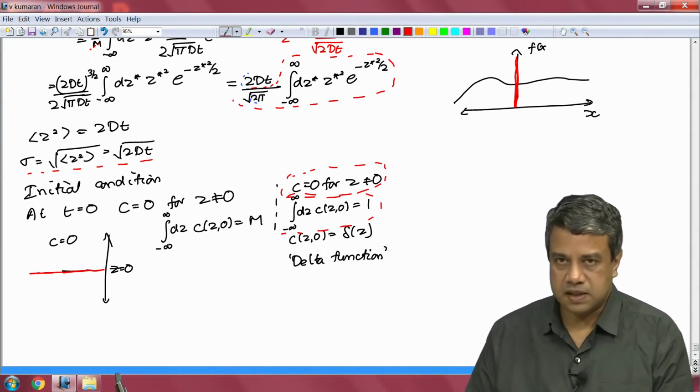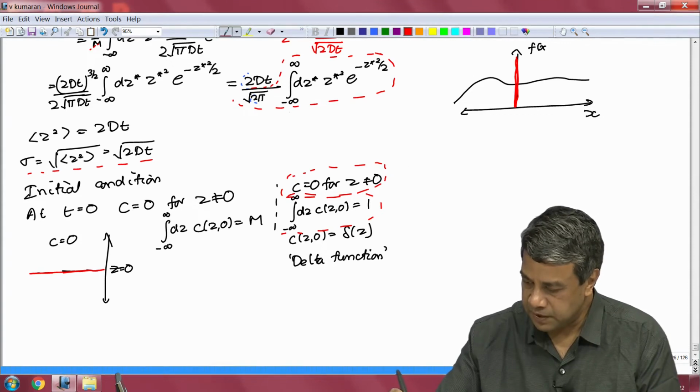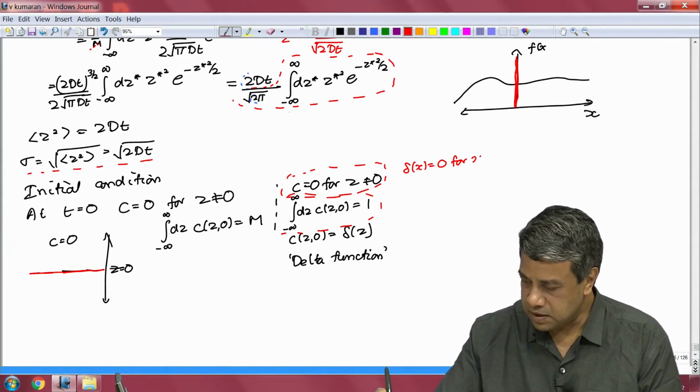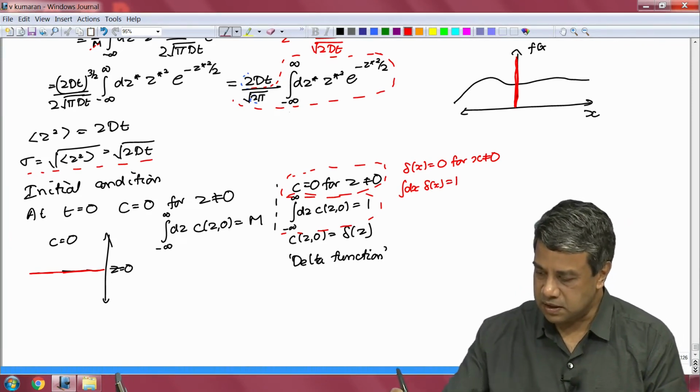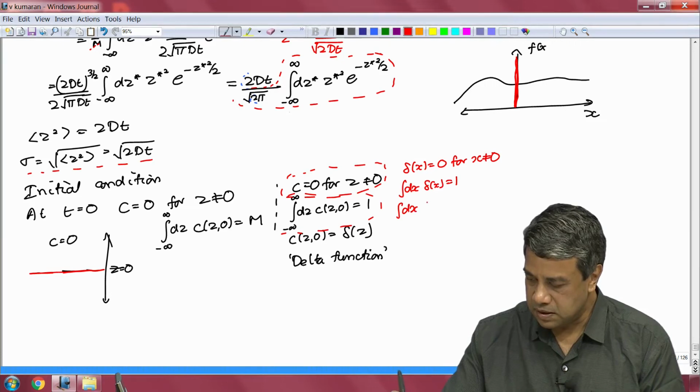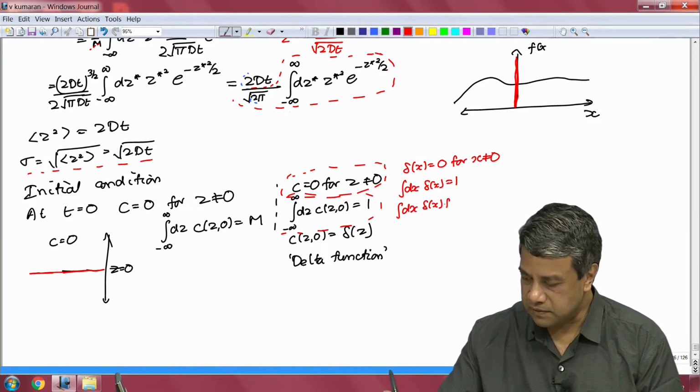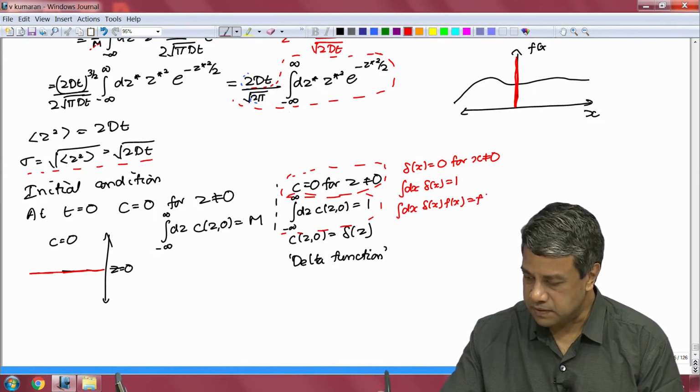So, the delta function basically satisfies delta of x is equal to 0 for x not equal to 0, and the integral dx delta of x is equal to 1. And it satisfies another condition, that the integral dx delta of x times f of x is equal to f of 0.